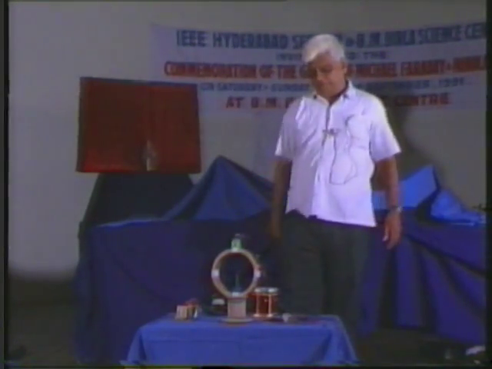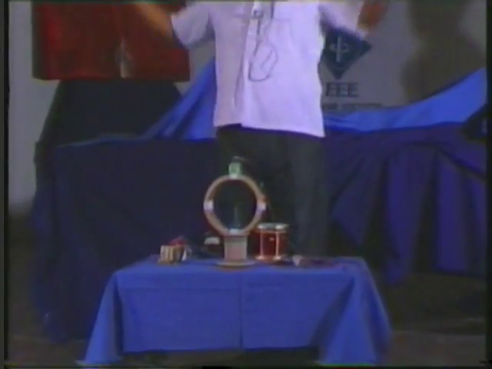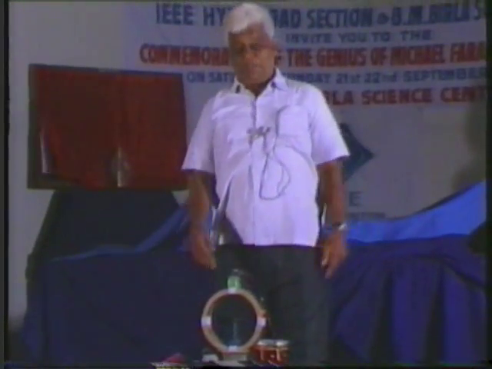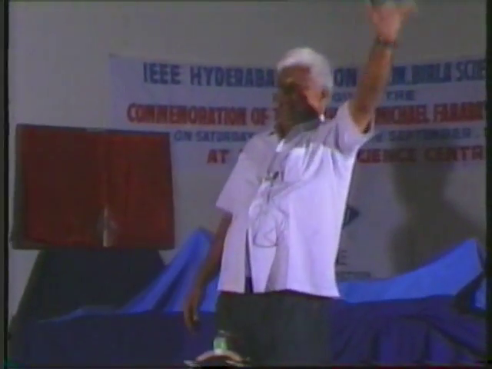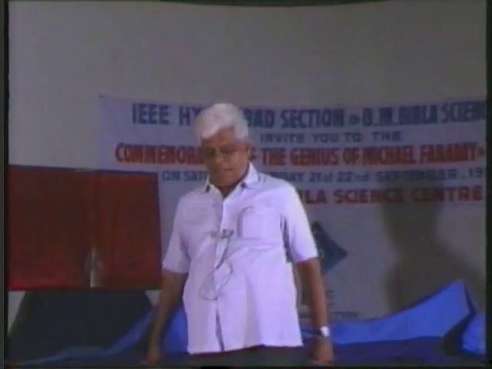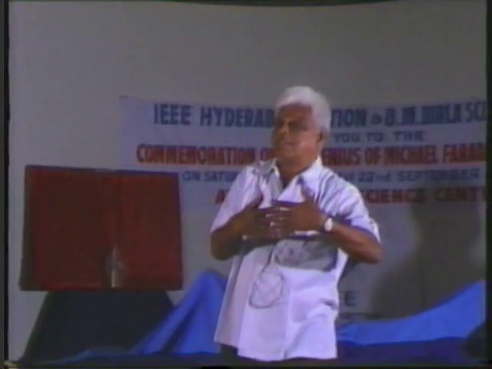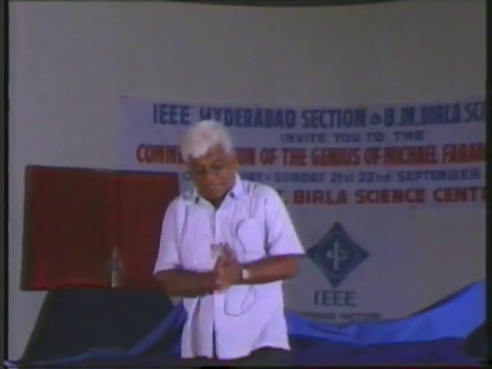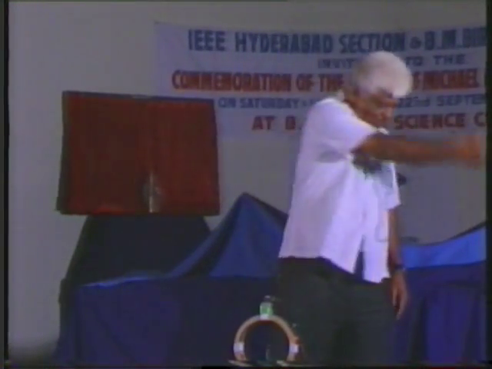What we do is, this poor compass is very favorable to the universal magnetic field, because somewhere on this side, the south portion of the magnet of the world is there. So this is facing that. We know two dissimilar poles always attract each other. We'll try to create some disturbance in this coil. One of the students, please come.